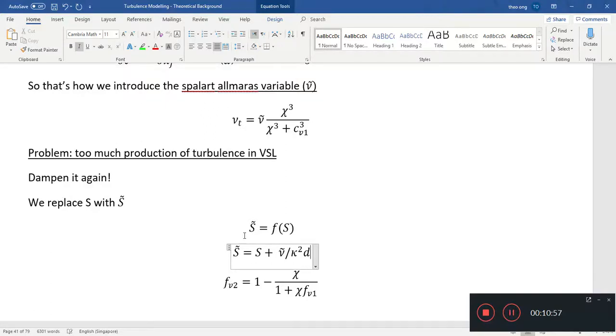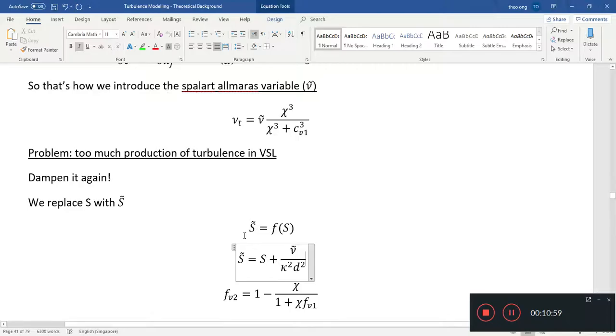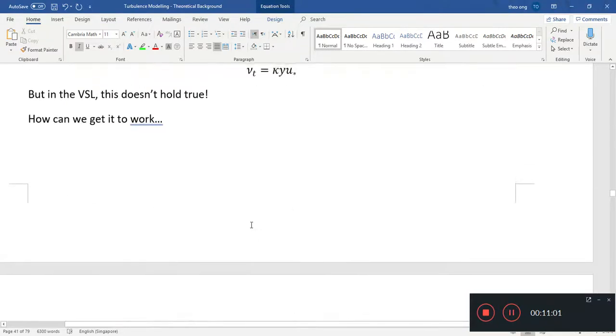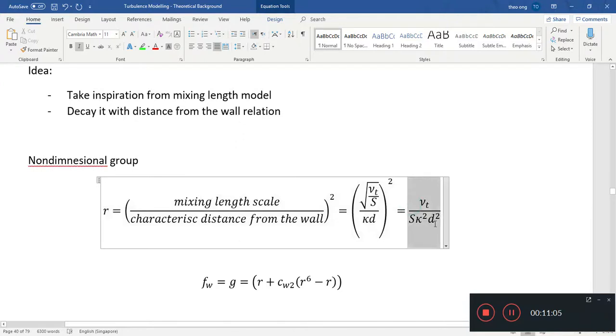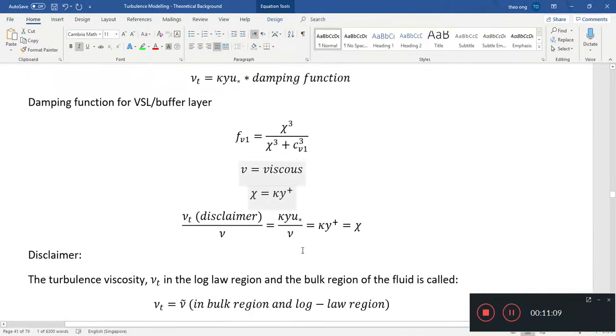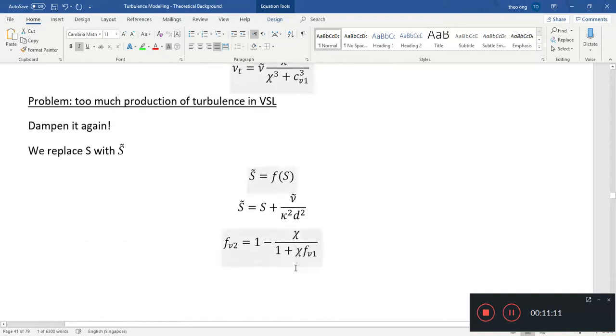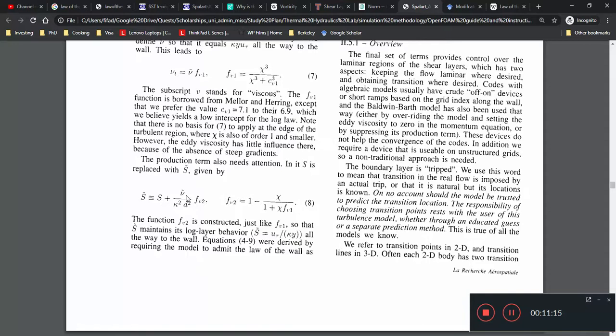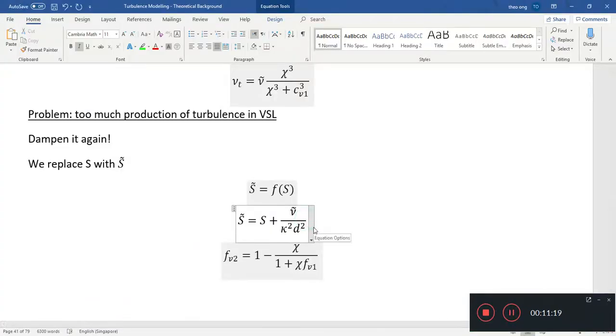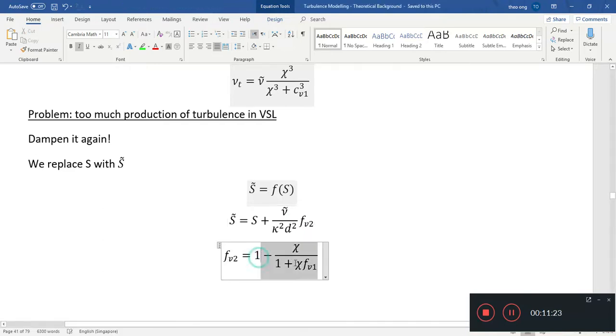If you remember where that term comes about, we saw earlier that this is very similar to this term. Kappa squared d squared appears here. However, the term on top is slightly different. It's nu tilde only, over kappa squared d squared, times some FV2, where FV2 equals this.